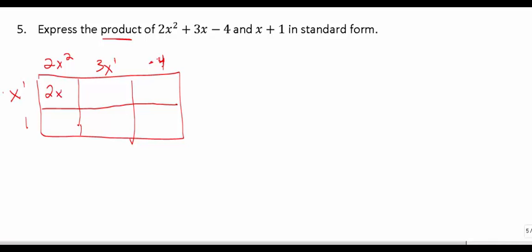Okay, so 2x cubed. Let's see, here's a 3x squared, and x and 4, negative 4x. Now let's go with a 1 times 2x squared, or 2x squared. 3x, negative 4. Now if you want to list all these out, you can.